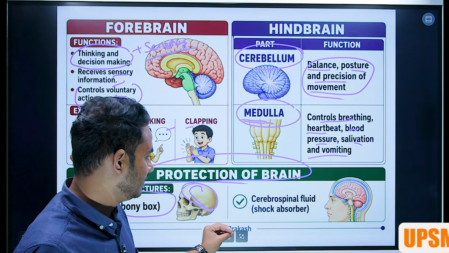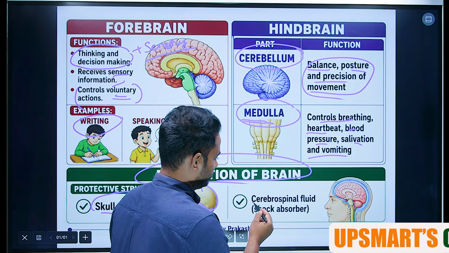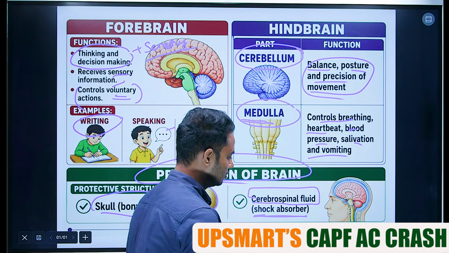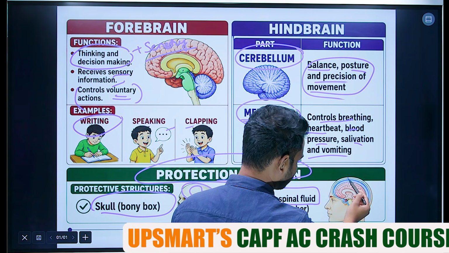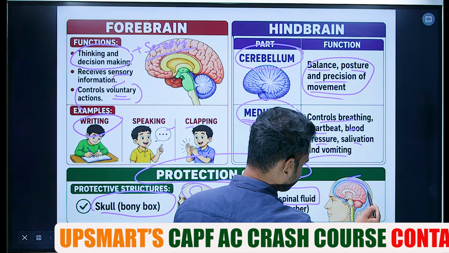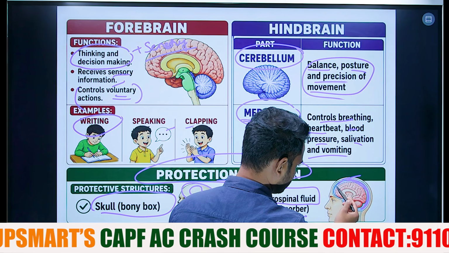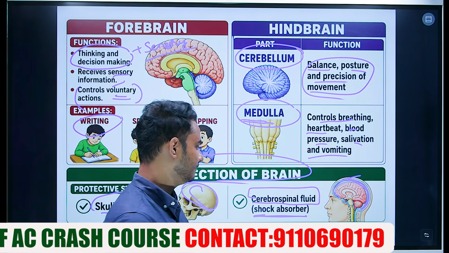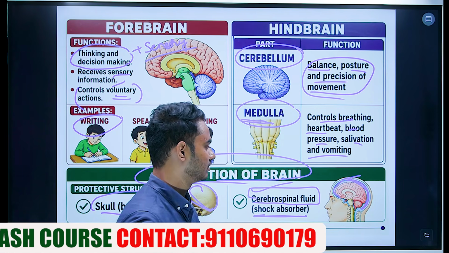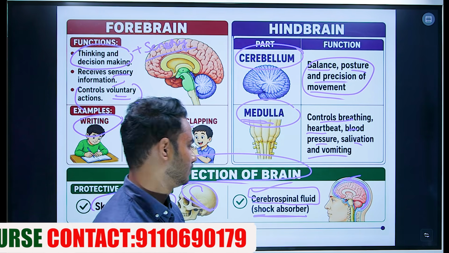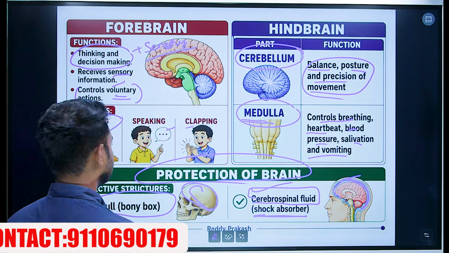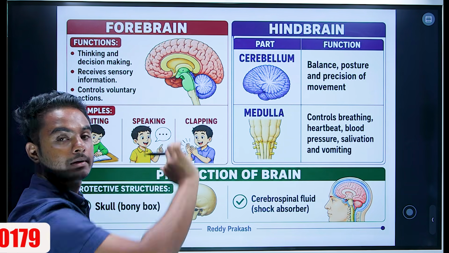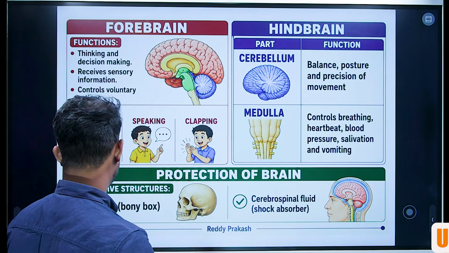The name of that fluid is cerebrospinal fluid, and it acts as a shock absorber. This is the skull, this is the fluid, and it will take all the shocks. Fine, conceptual, easy. The function of cerebrospinal fluid is shock absorption. These functions are very important, especially the cerebellum and medulla, involuntary functions.